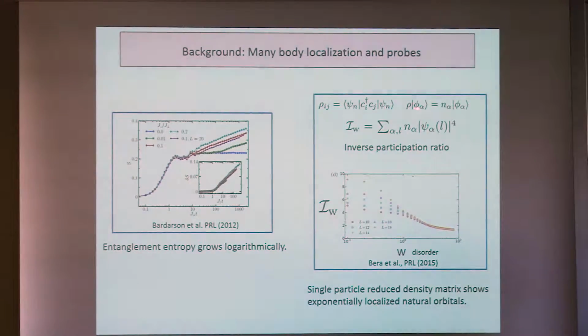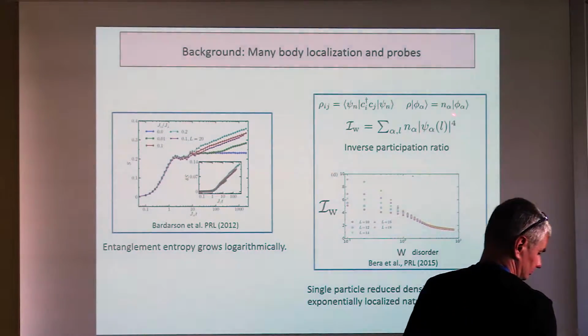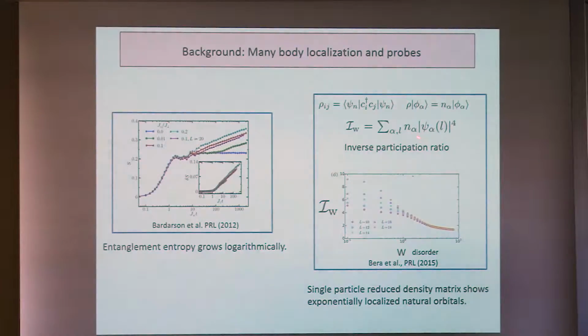You take the single particle reduced density matrix, look at the natural orbitals, and see whether they are highly localized, and this gives you the inverse participation ratio. In this work by Bera and others, they show that for large disorder the inverse participation ratio is small, and it's independent of the system size.